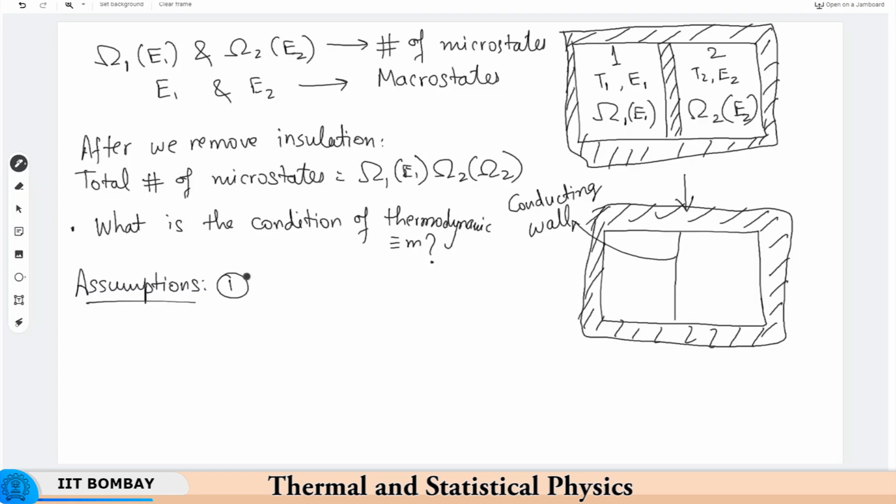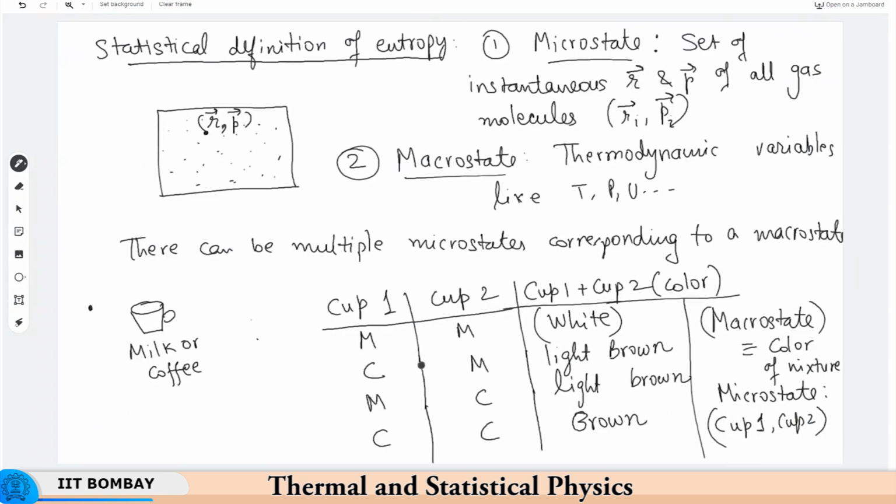which is the following: that each microstate is equally likely, okay. So, say there are two coffee cups, right.